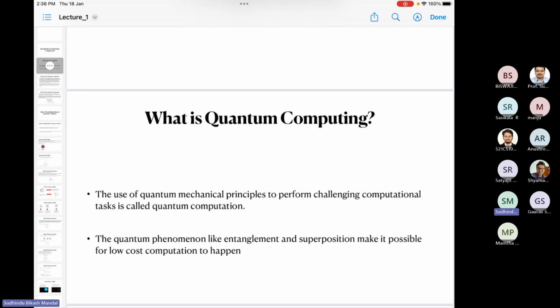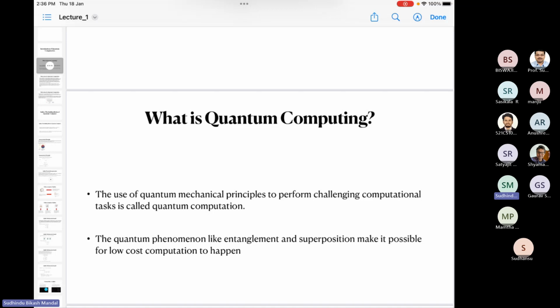Classical computing is quite different from quantum computing, because classical computing always obeys the laws of classical physics or classical mechanics, but quantum computing obeys the principles of quantum mechanics.